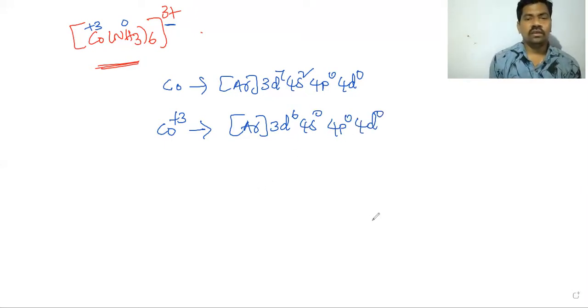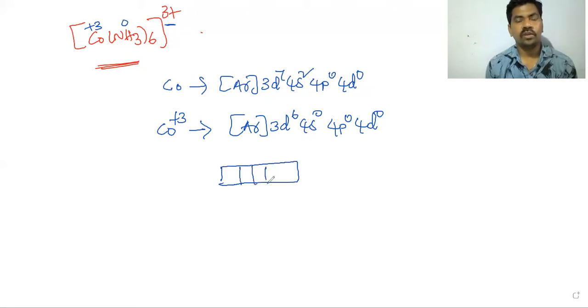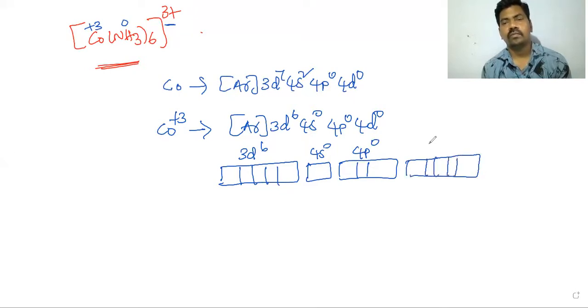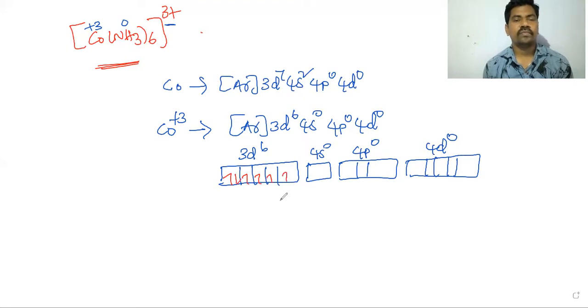Then the electrons are filled into the atomic orbitals: 3d6, 4s0, 4p0, 4d0. So 1, 2, 3, 4, 5, 6. This is the electron arrangement.